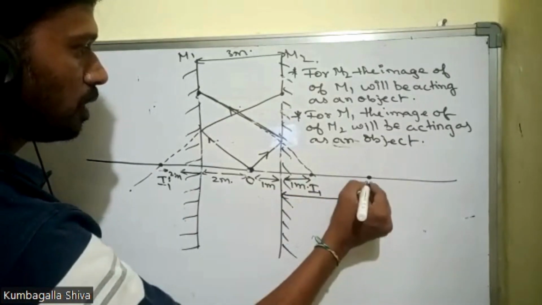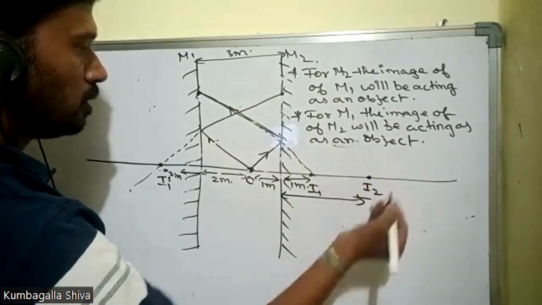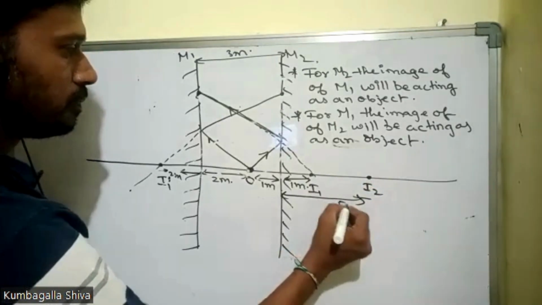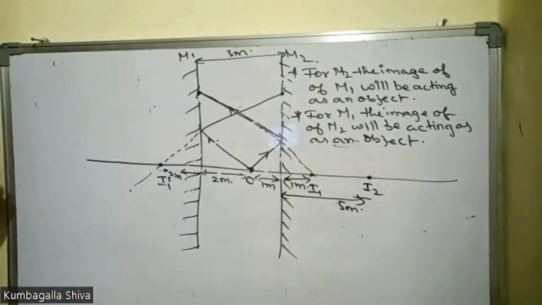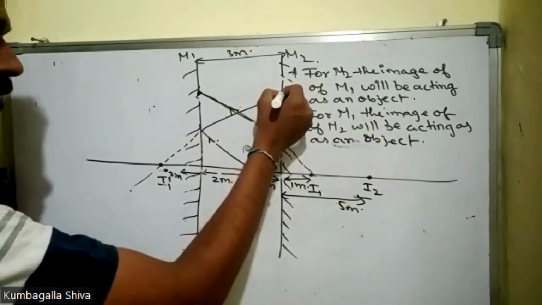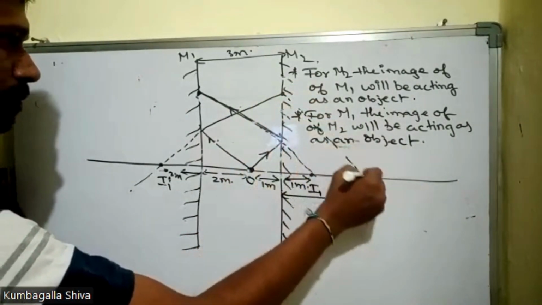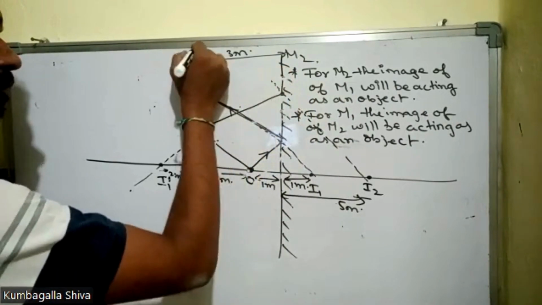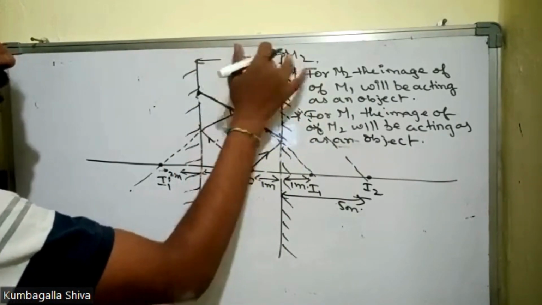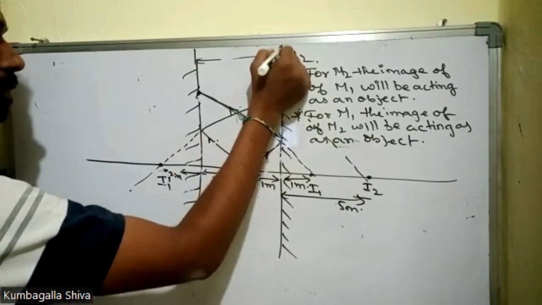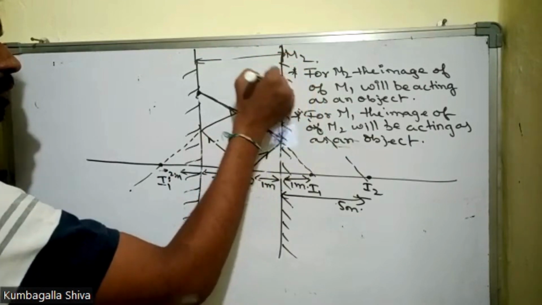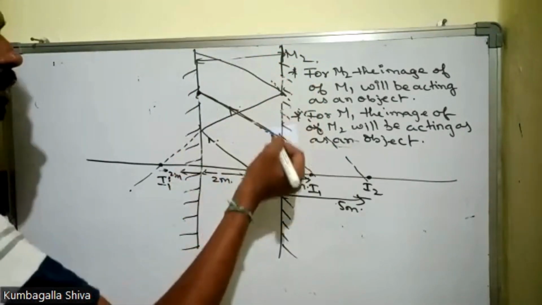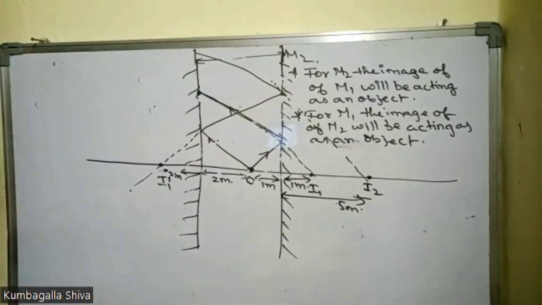So I name it as I2, that is 5 meters. Now I get the extension lines for M2. Now I extend it. I still need to extend. Right? This is how.